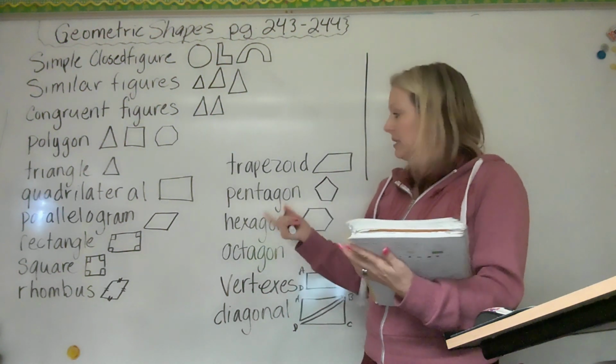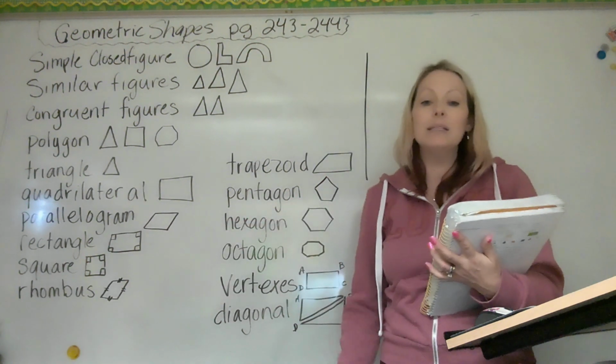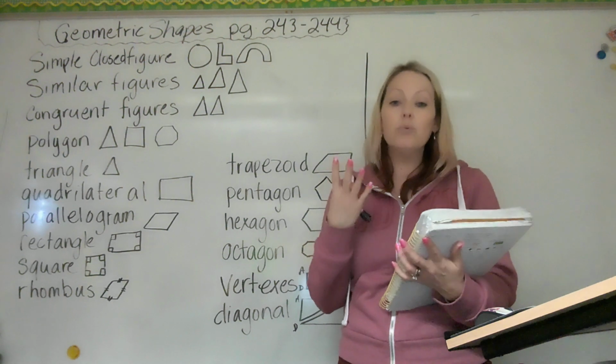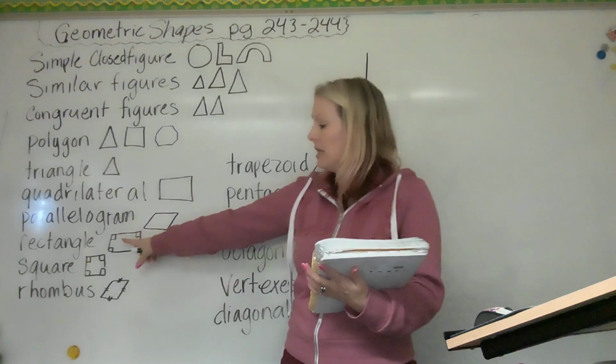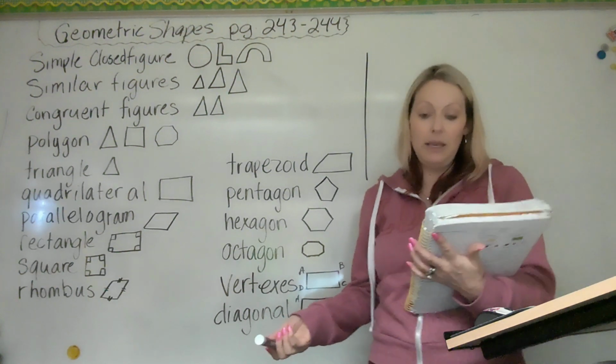Then we have our rectangle. Now a rectangle is actually shown because it is showing the four right angles. Remember we learned that yesterday. That little square in there, that's showing the right angle.